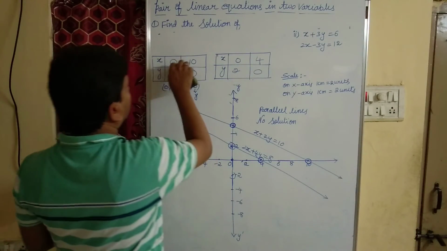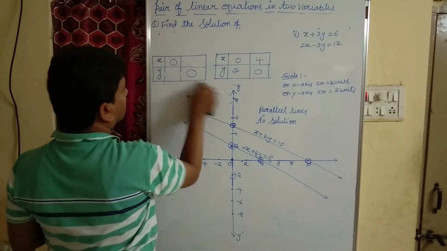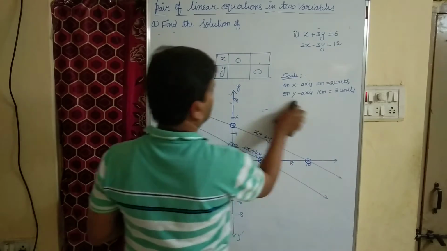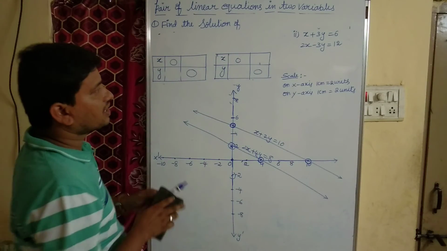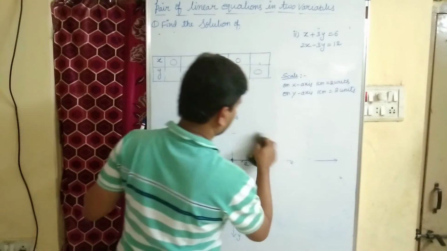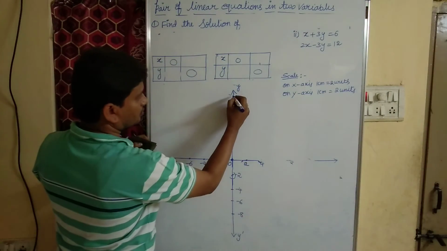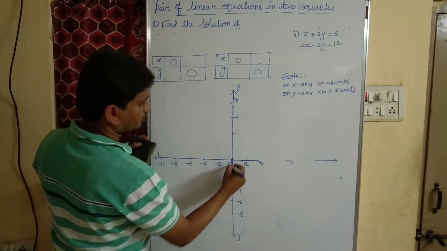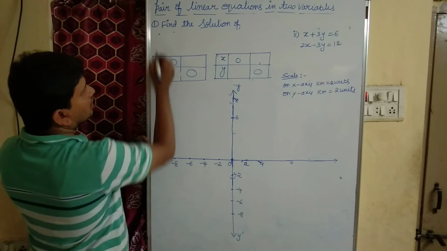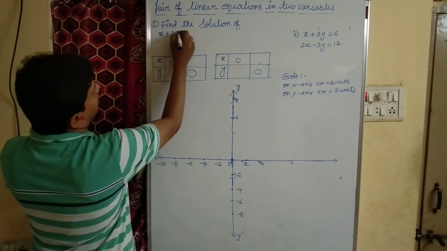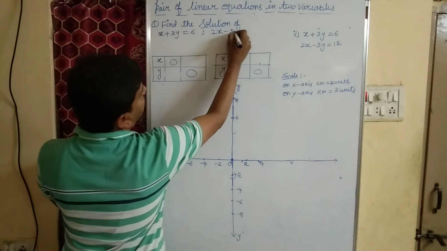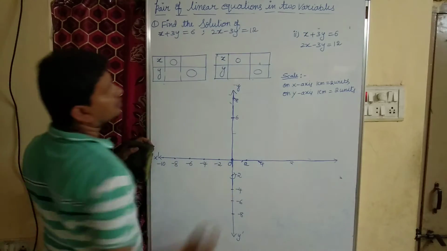The equations are x + 3y = 6, and the second one is 2x - 3y = 12.